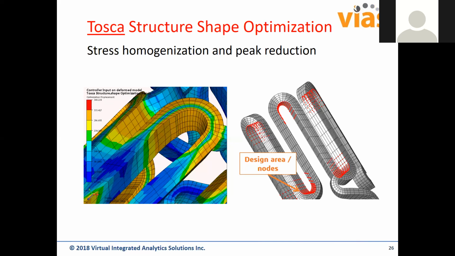The question is, is the shape optimization highly dependent on the quality of the mesh? Your shape optimization is dependent on how you build your mesh, certainly, because you need to ensure that you've partitioned out sections that you want design constraints on.